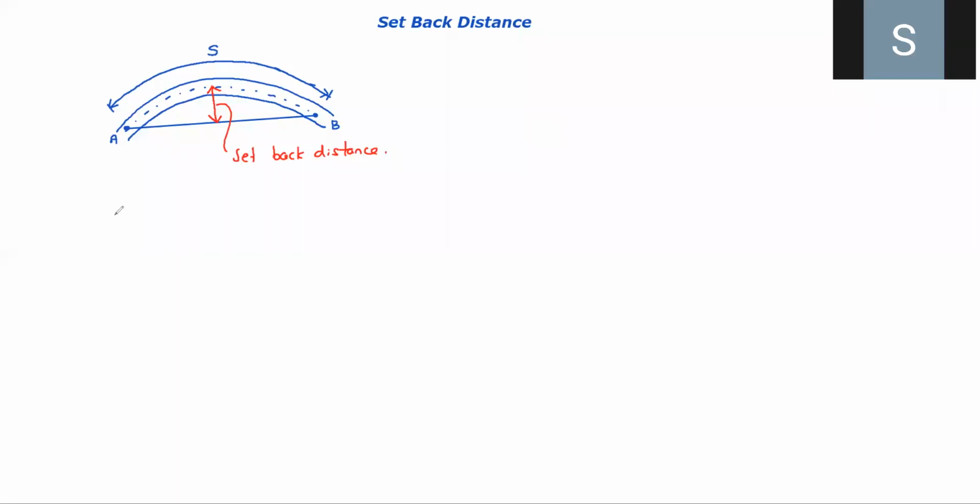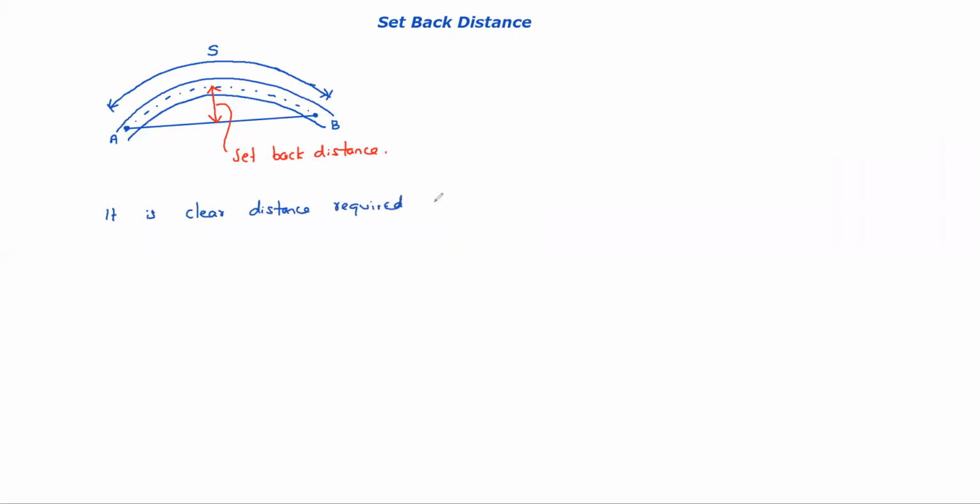Actually, it is the clear distance required inside of the curve to have clear vision for sight distance.